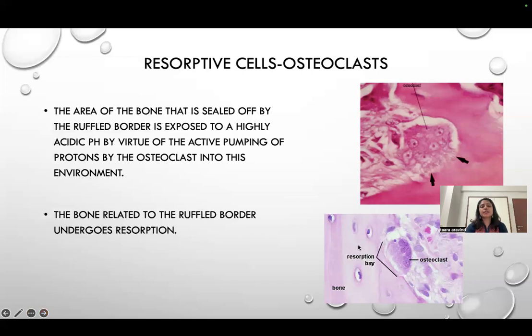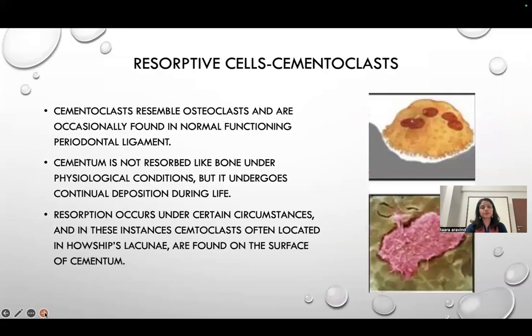The area of the bone that is sealed off by the ruffled border is exposed to a highly acidic pH by virtue of the active pumping of protons by the osteoclast into this environment. And the bone related to the ruffled border undergoes resorption. So that is about osteoclasts.